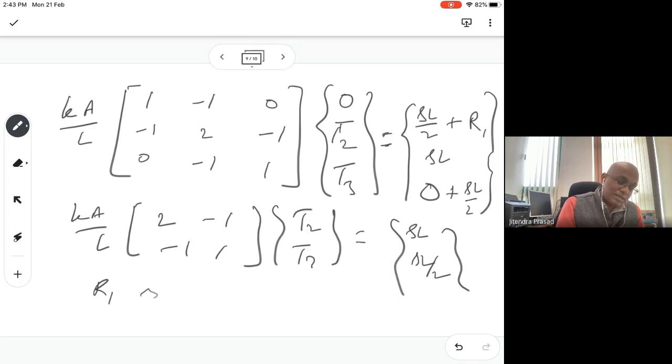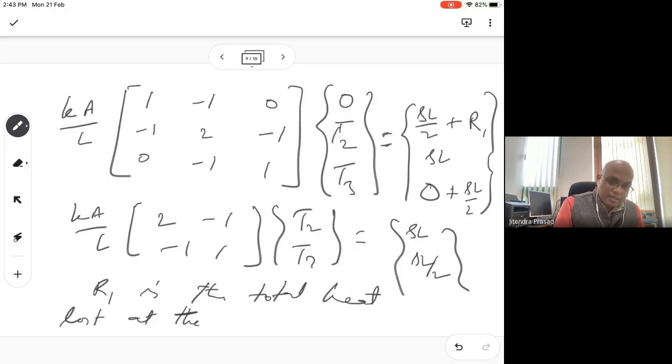R1 is the total heat. Total heat lost at the... I will write gain only, because if you get minus, in this case you will get minus.